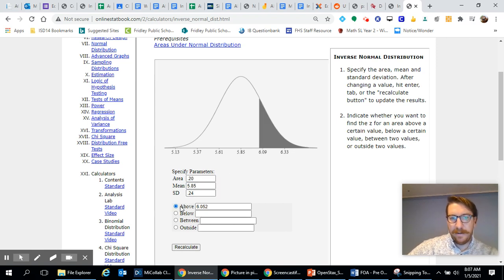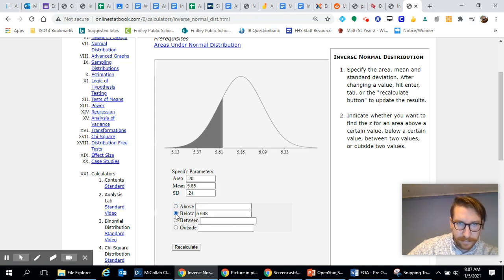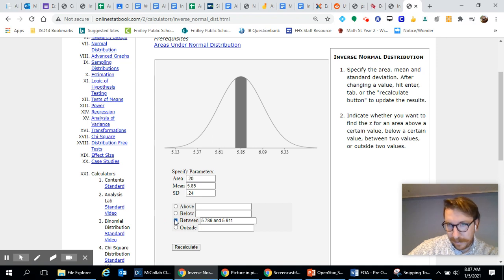And we're looking down here, they give us some options. Above, below, they show you there, between, or outside. And we are wanting to know the between. And there it tells us between 5.789 and 5.911. Between those values, 20% of our oranges lie. It's pretty slick.